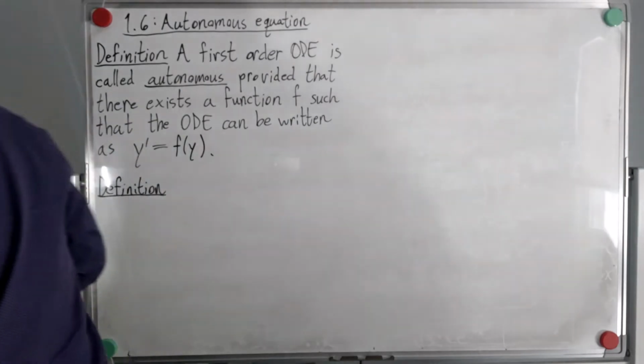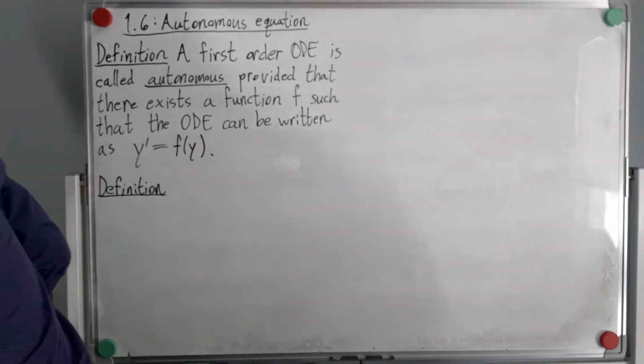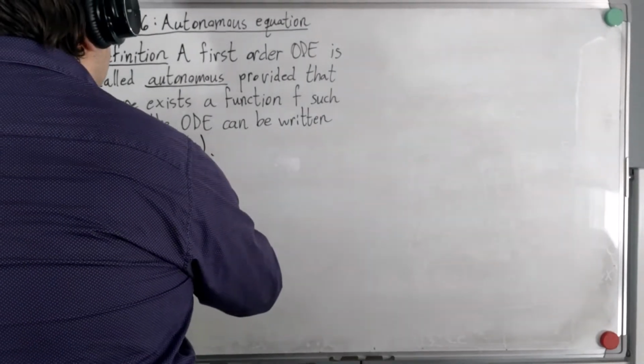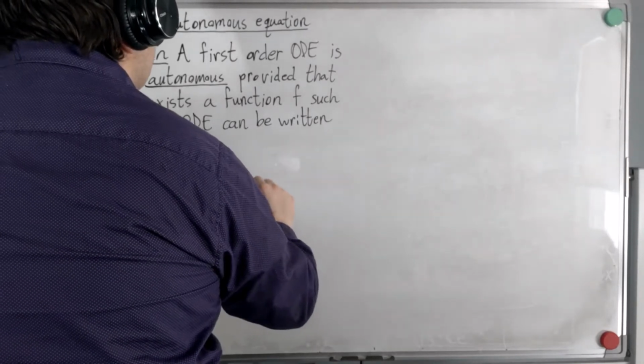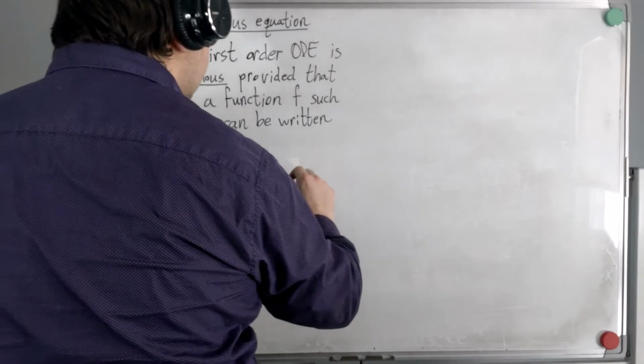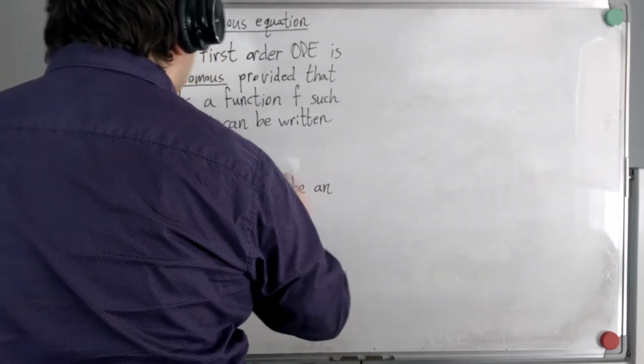So, definition. Let dy dx equals f of y be an autonomous ODE.